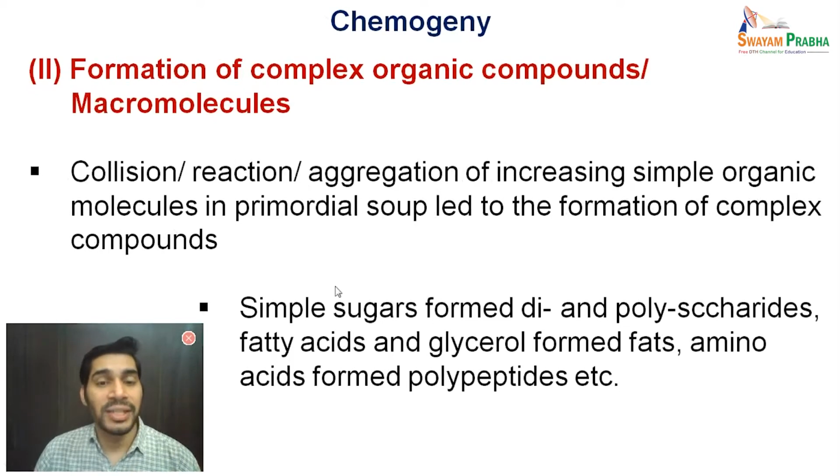Because of this, simple sugars formed di and polysaccharides, fatty acids and glycerols formed fats, amino acids formed polypeptides, etc. So it is quite possible that because of various reactions, the small molecules got converted to organic compounds or biomolecules.